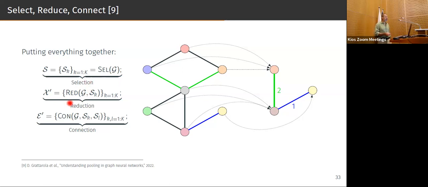The reduction is also a function that takes the original graph and the partition, if we wish, and we generate the new set of features to be assigned to this subgraph. And then finally, the connection, which is taking all previous information. It is again a function that is generating the new connectivity and also the information associated with edges.